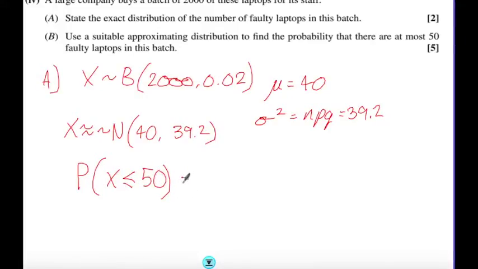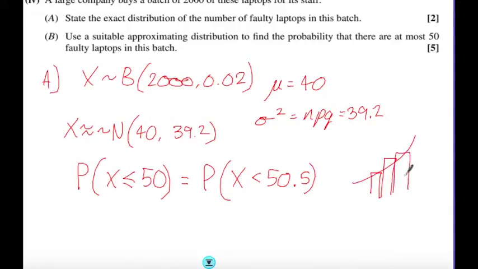Because we want to include 50, we want the probability that x is less than 50.5. If you imagine the bar chart of our discrete, it goes 49, 50, 51. Because we want to include the bar with 50 and anything below, the bar itself is going to go up to between 50 and 51, so 50.5.